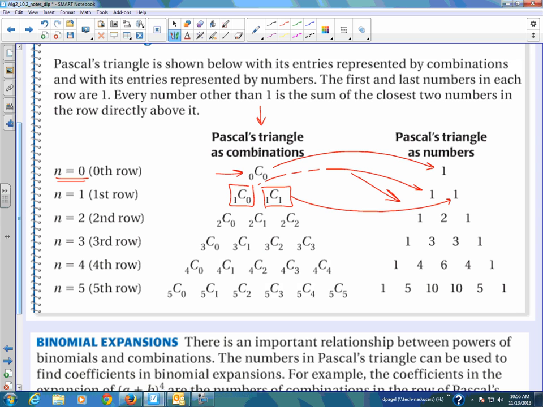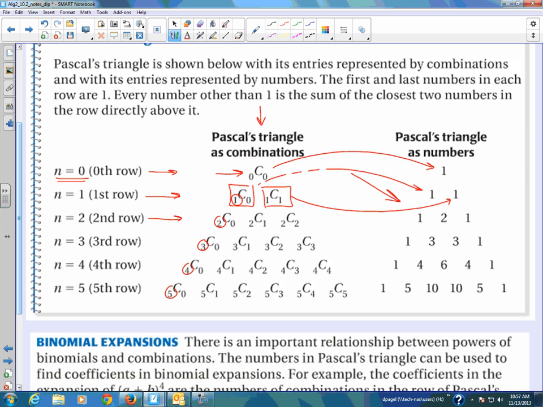All right, so what's noted here is we have rows based on n values. This is row 0, row 1, row 2, and so on. The n value tells you what row you're in.